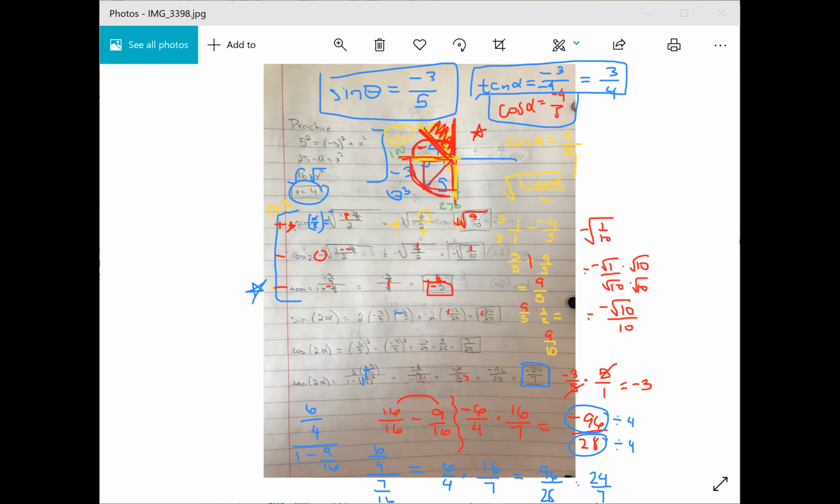You should definitely check your angle. If they tell you what quadrant it's in, so we know that this is in quadrant 3, then you have to look for where your half angle is. That's the first thing: look for what quadrant it is in.